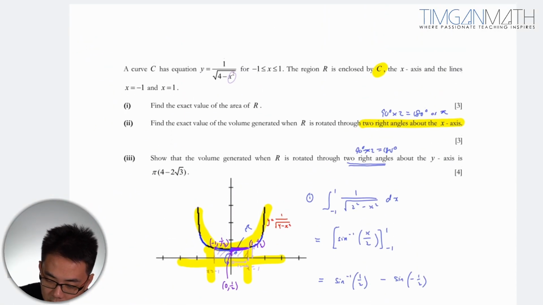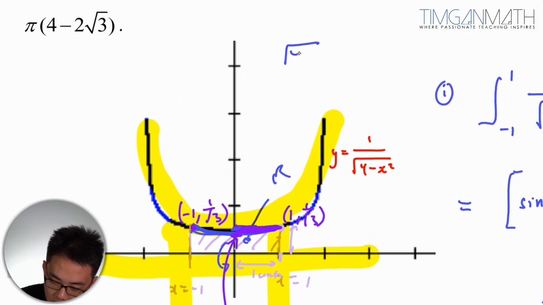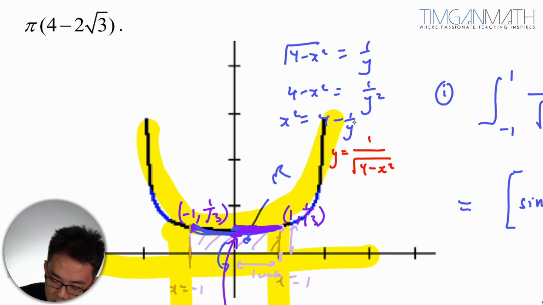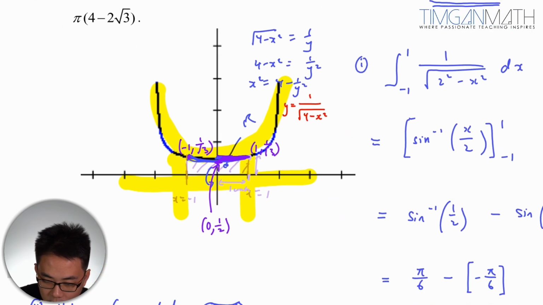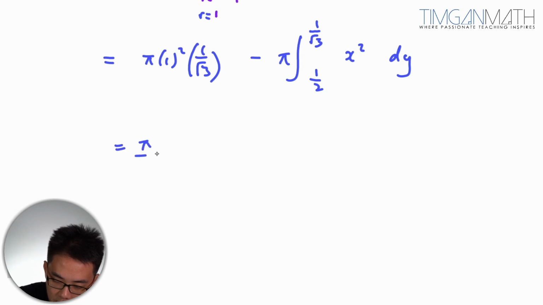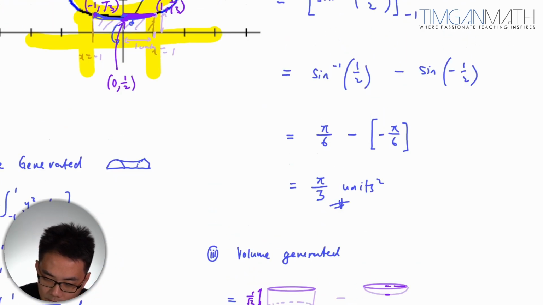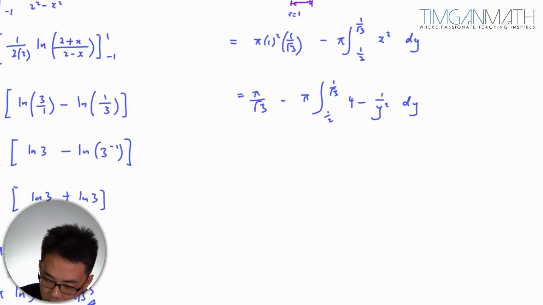Okay, so I have to find out what x squared is, make x squared the subject. So this will be square root of 4 minus x squared equals 1 over y. 4 minus x squared equals 1 over y squared. x squared equals 4 minus 1 over y squared. So pi integral from half to root 3 of 4 minus 1 over y squared dy.